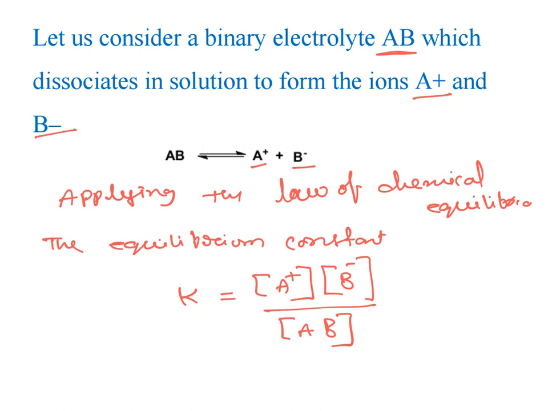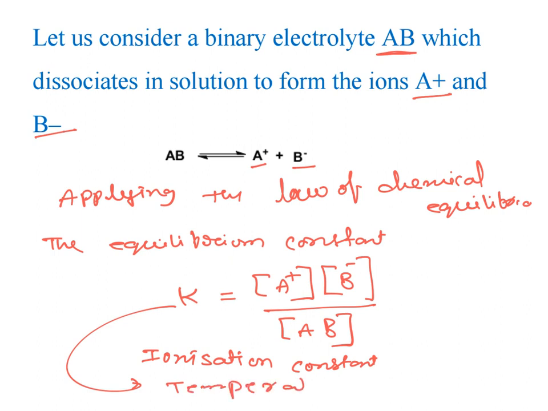This constant is known as the ionization constant or dissociation constant, and this is very characteristic for a particular substance, and its value varies only with temperature. The K value depends on temperature. When the temperature changes, the K value changes, and this K is called the ionization constant.